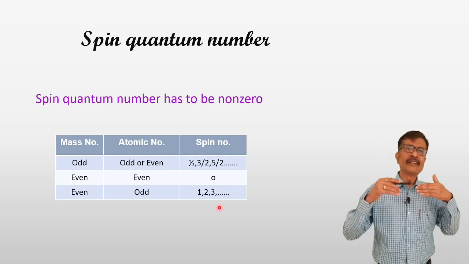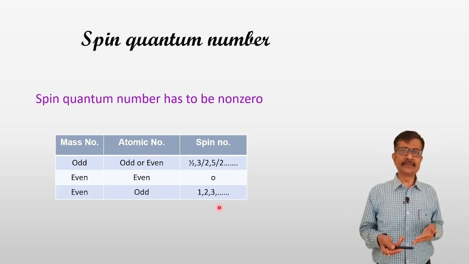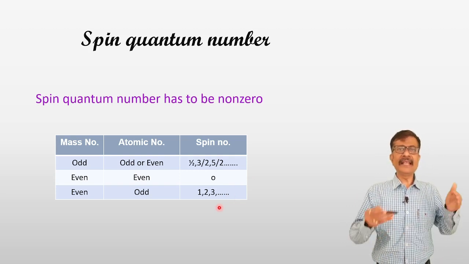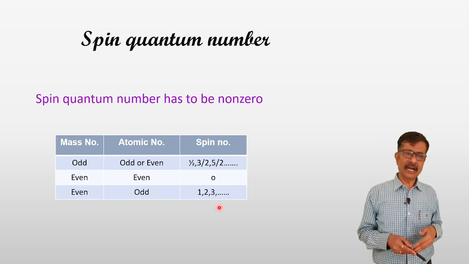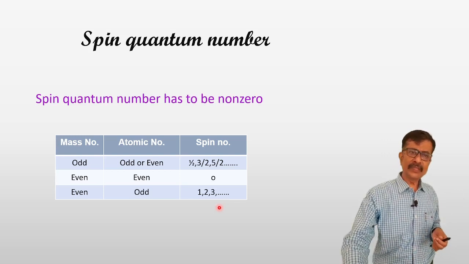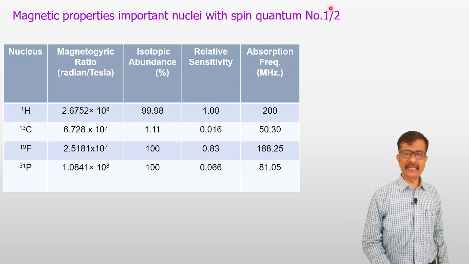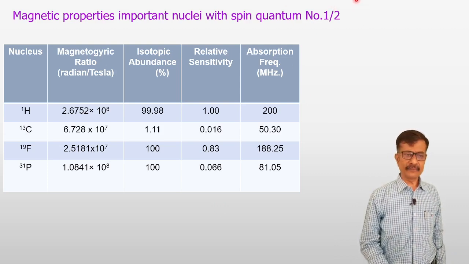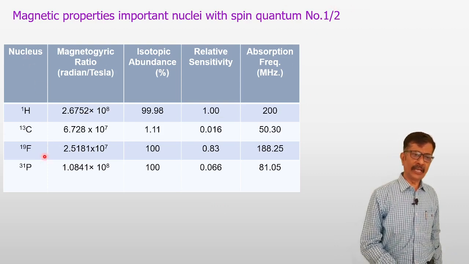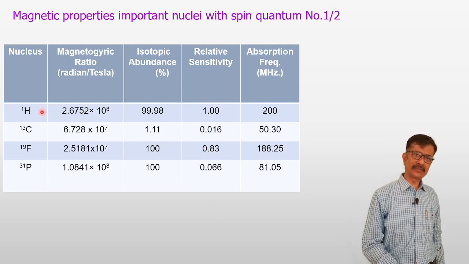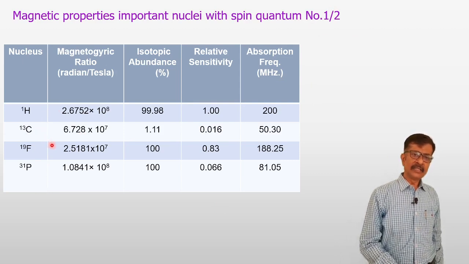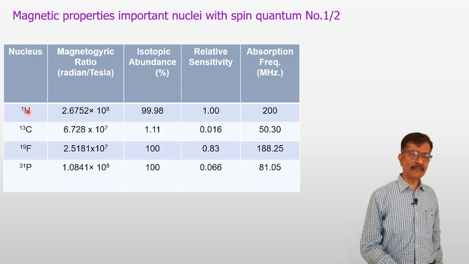But the most preferred atoms in NMR analysis are atoms with spin quantum number 1/2. These are the nuclei of atoms whose spin quantum number is half.